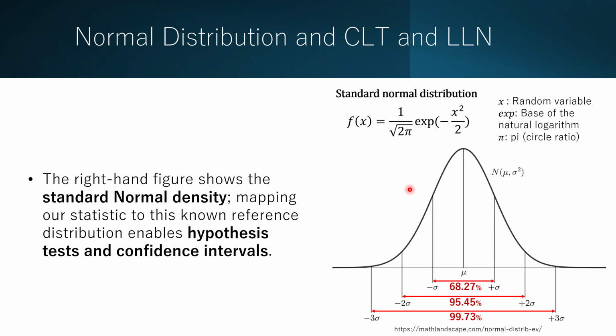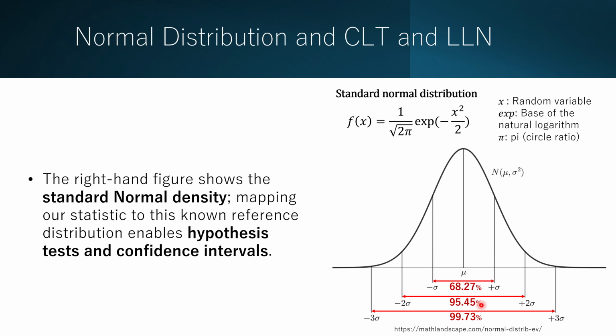And this figure is a standard normal distribution, the famous bell-shaped curve. The formula on the right defines the probability density function. We just need a reminder that it describes how data are distributed around the mean.